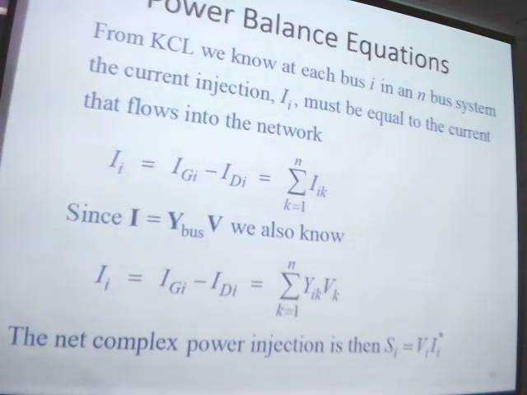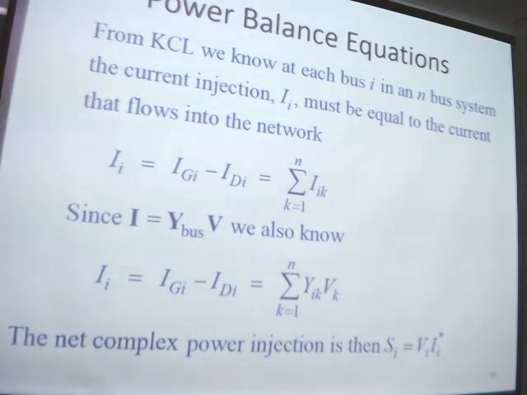Okay, here's some preparation. There are equations in preparations, okay? The KCL, right? We know that for the bus I in the N bus system, because we will assume that there is an N bus system, okay?